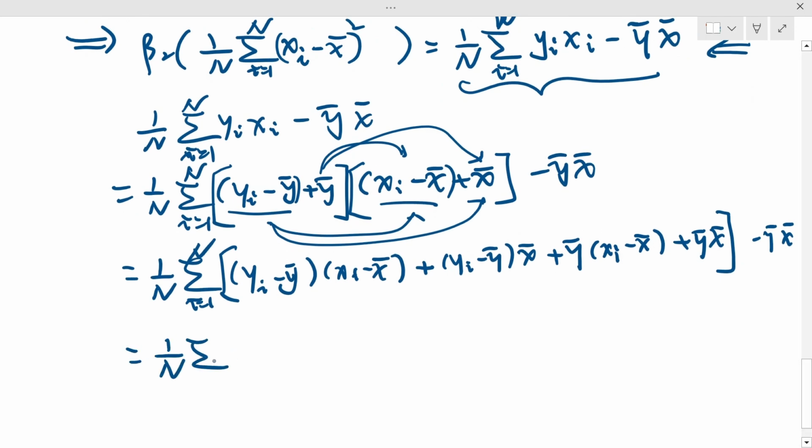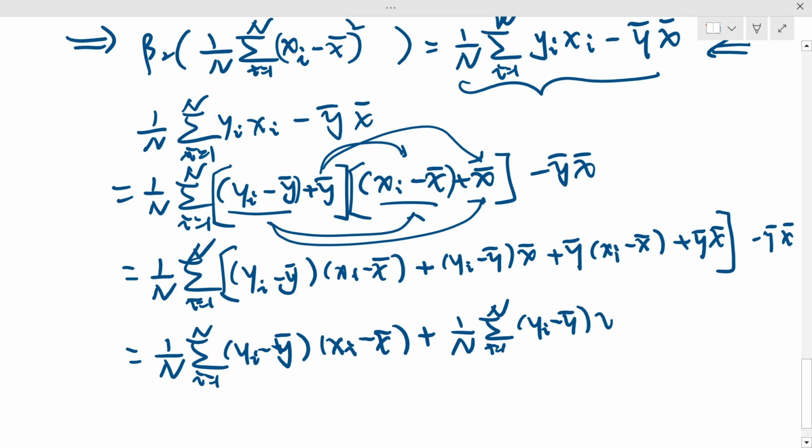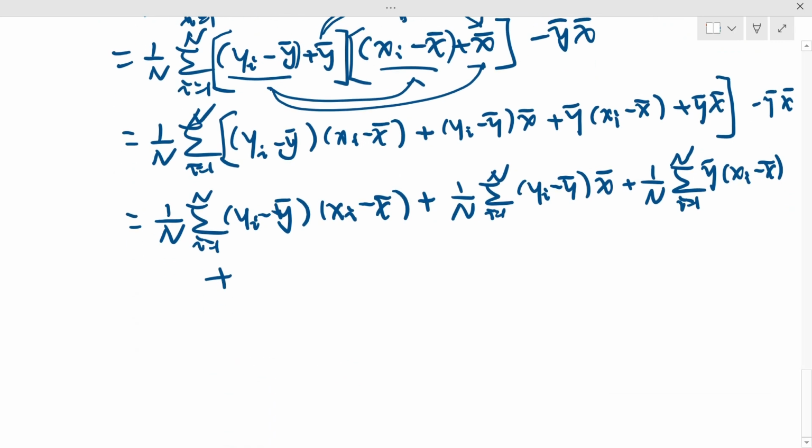Good. First, this y bar x bar does not depend on i.